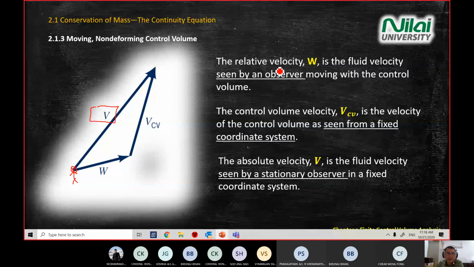So it's a relative velocity. Later we will look at an example, then you will have more idea about this one. Here we look at the definition first. So W is the relative velocity, moving with the control volume.